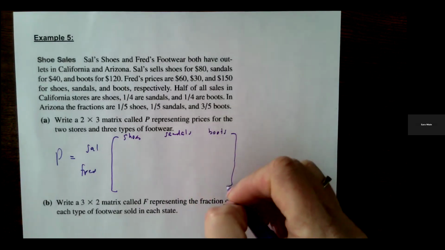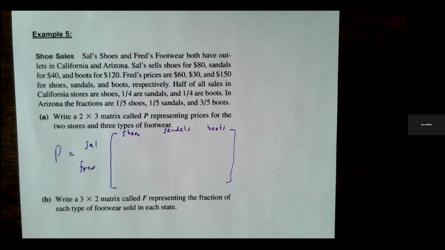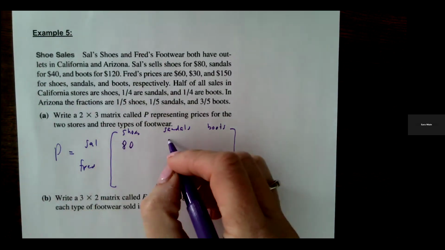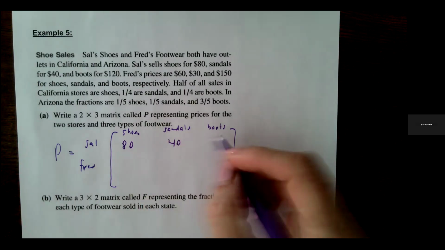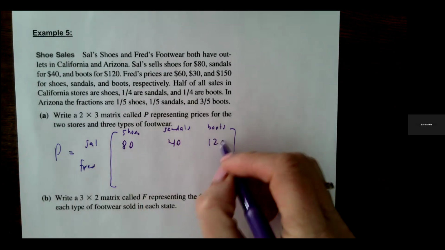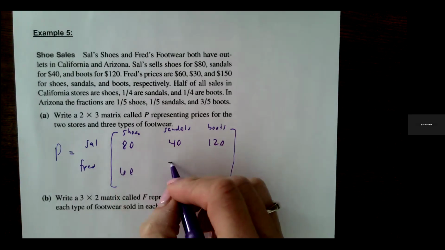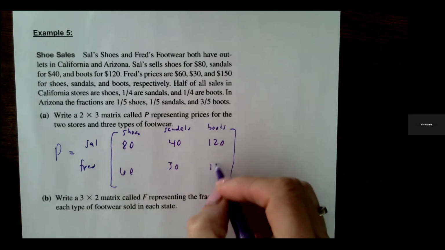It's good to write out in words what they mean because we're new at this whole thing. So $80, 40, and 120, and then 60, 30, and 150.